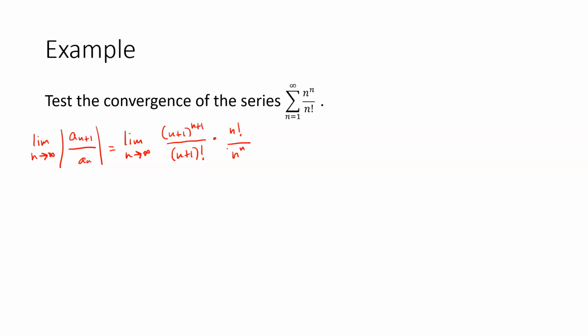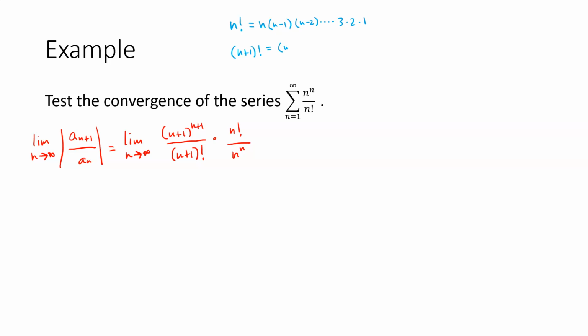So actually, one thing I notice is that these factorials are going to simplify very nicely, because (n+1) factorial, if we think about n factorial, what is n factorial? That's n times n minus 1 times n minus 2 and so on, right? So it's all the numbers going from n all the way down to 3 times 2 times 1. So it's just multiplying all the numbers from n down to 1. So what is (n+1) factorial?